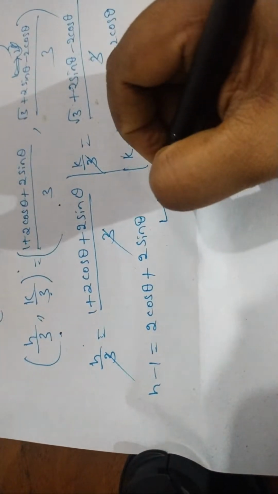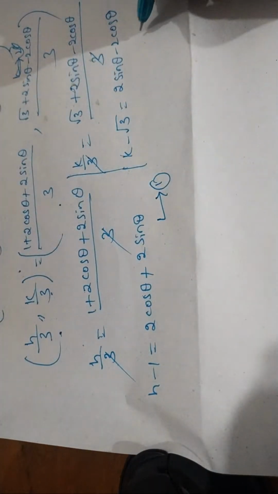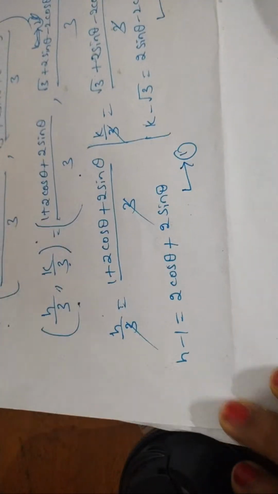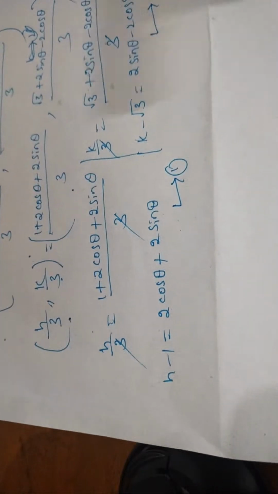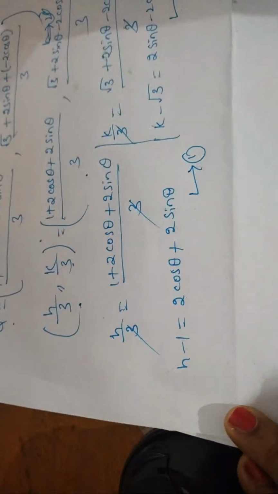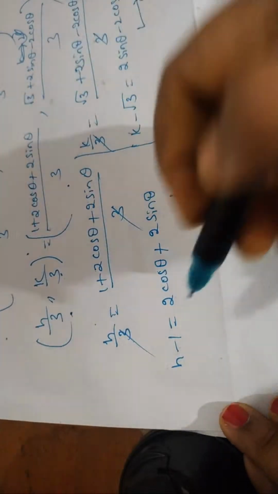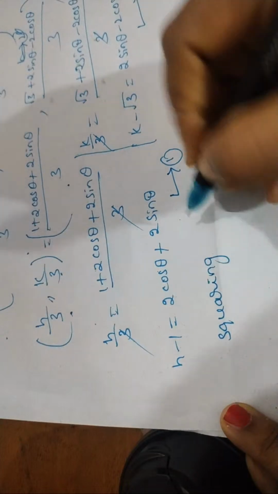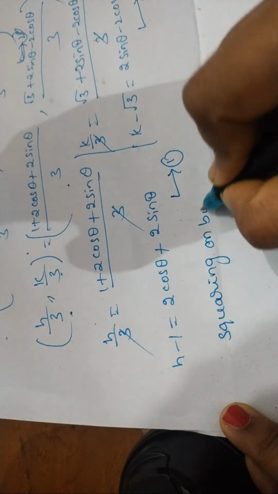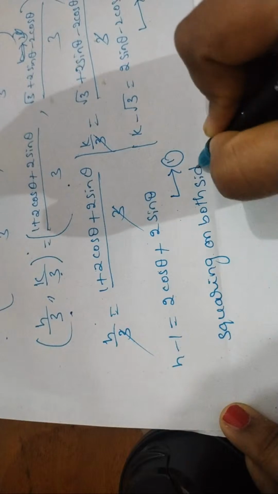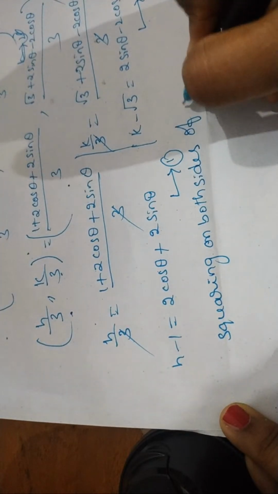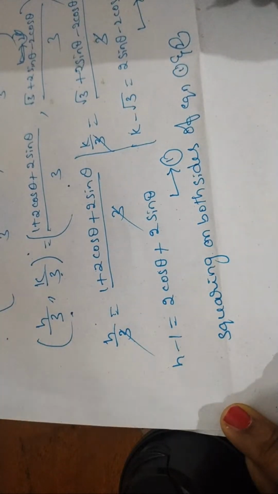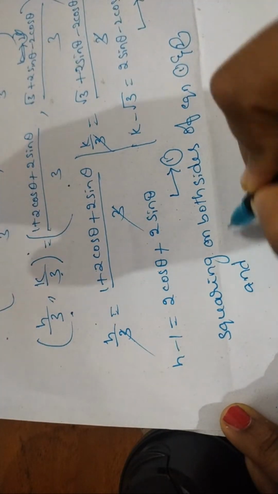Now take this as equation 1 and this as equation 2. Square on both sides of equations 1 and 2 and add.